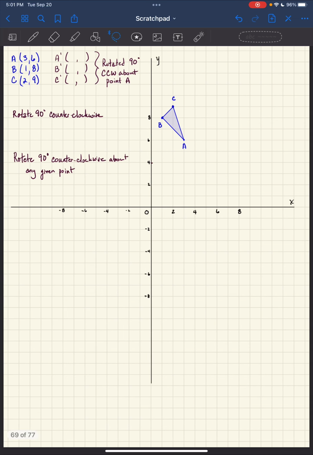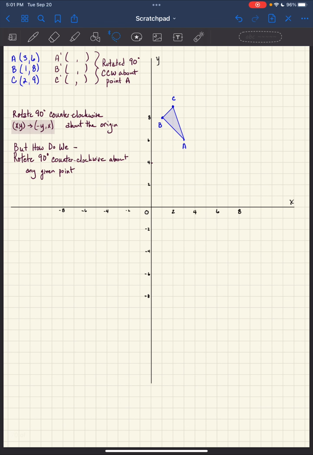Rotating 90 degrees counterclockwise about the origin is one thing, and rotating 90 degrees counterclockwise about any given point is similar, but there's an extra step we need to do to make that work correctly.